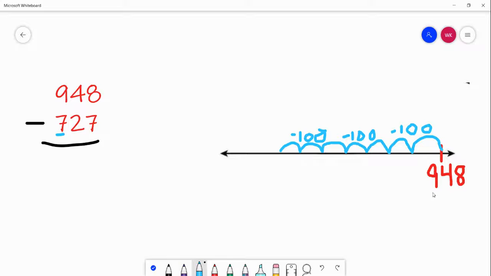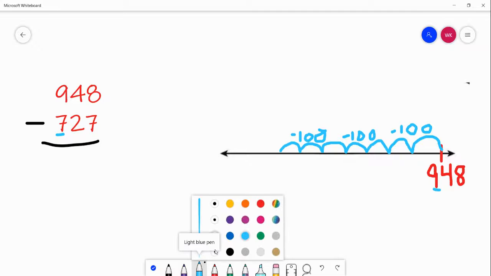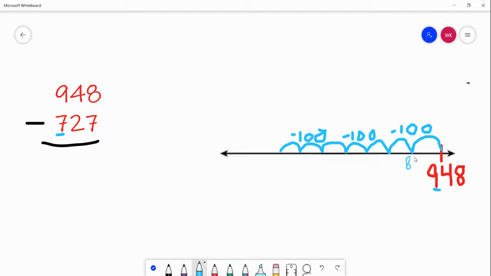So 948 minus 100 gives you 848, because remember you're subtracting 100 just from that hundreds place.